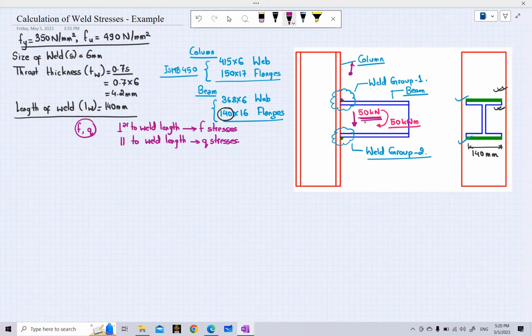So the shear force that is acting in the vertically downward direction will also create stresses in the downward direction. If you draw those stresses, you can draw them in this way here in the side view. We can see that the stresses created by this shear force will be perpendicular to the length of the weld, so we can say the shear force creates F stresses.